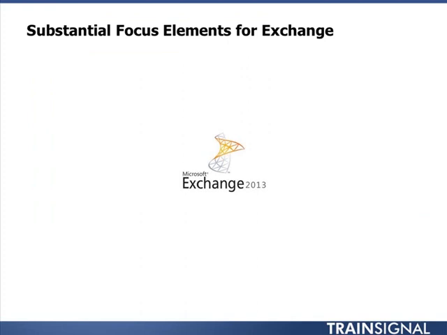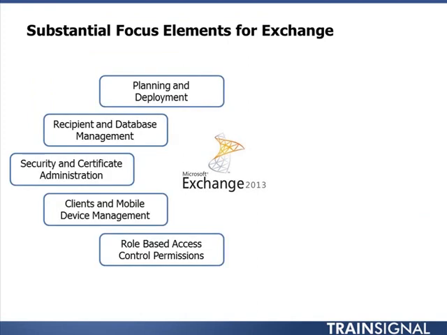Okay, so we're going to look at the substantial focus elements for Exchange. On the one hand, we have planning and deployment, recipient and database management, security and certificate administration, clients and mobile device management, and role-based access control permissions. So there are 5 focus elements on the left side.